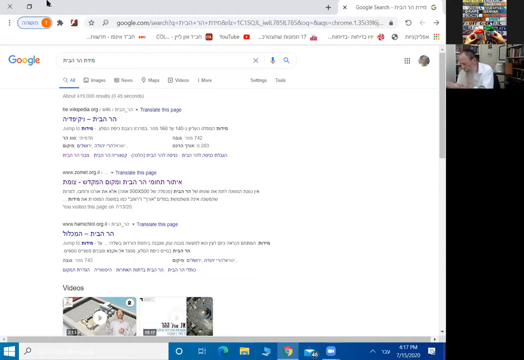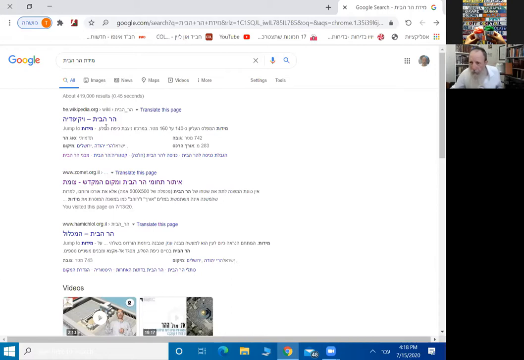The Rambam mostly talks about the first temple, right? So it says, these are... where's the pointer? All right.